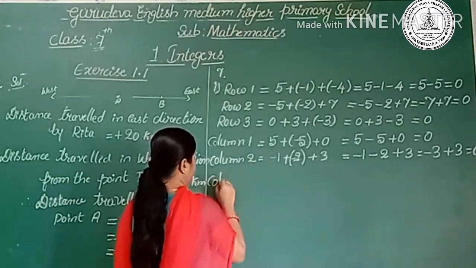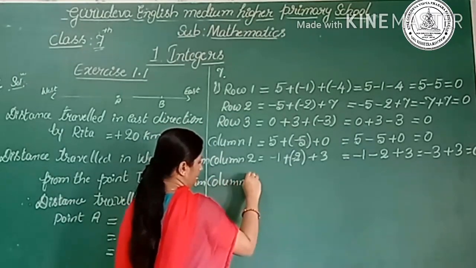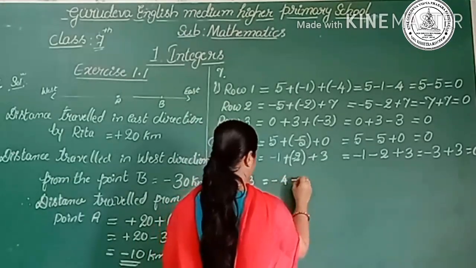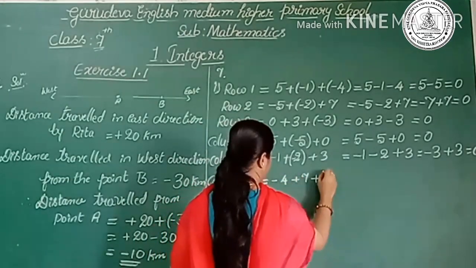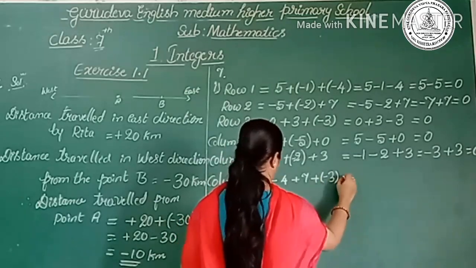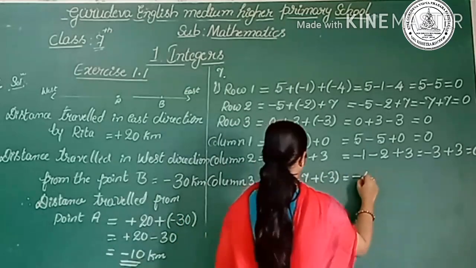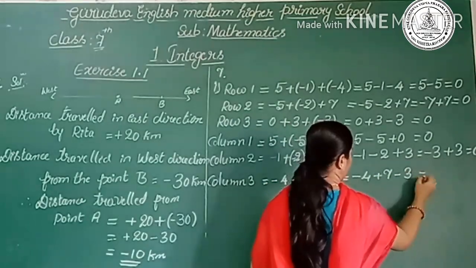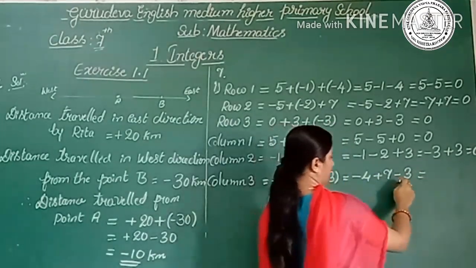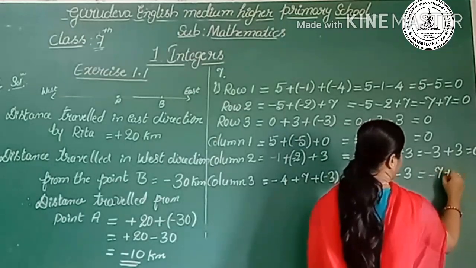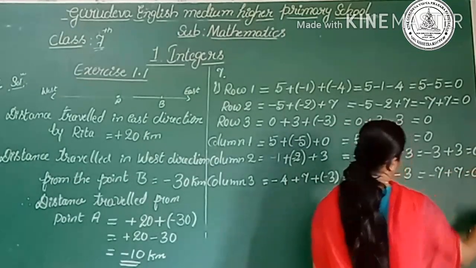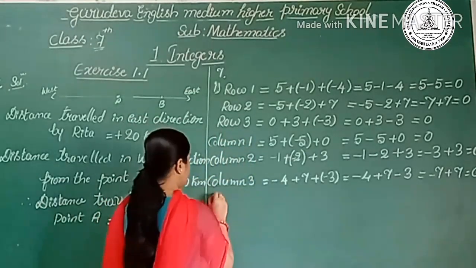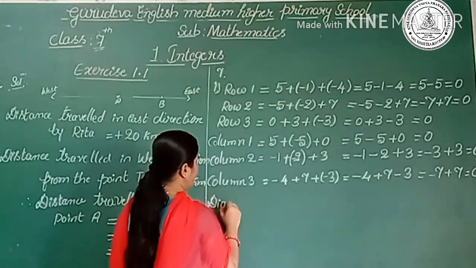Then column 3: minus 4 plus 7 plus minus 3. Minus 4 minus 3 is minus 7 plus 7, which is equal to 0. Right? Then let's check the diagonals. So first, diagonal 1.